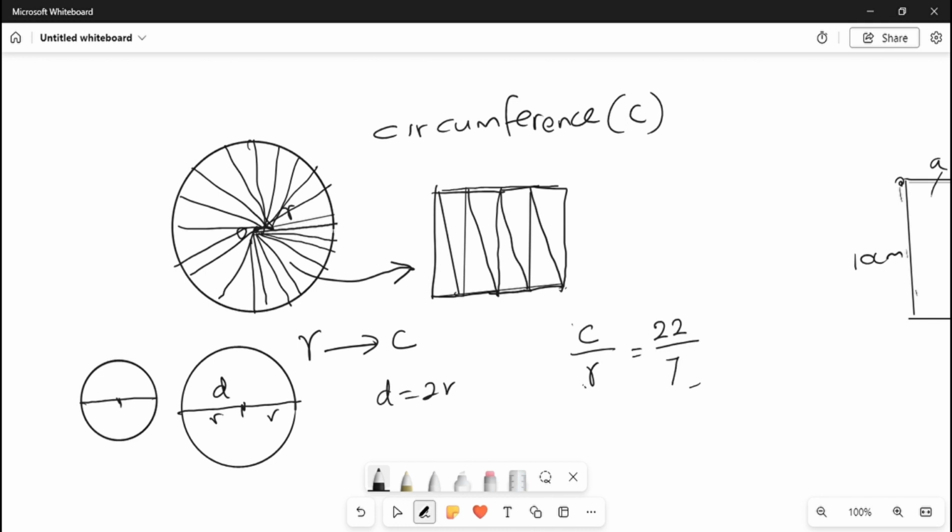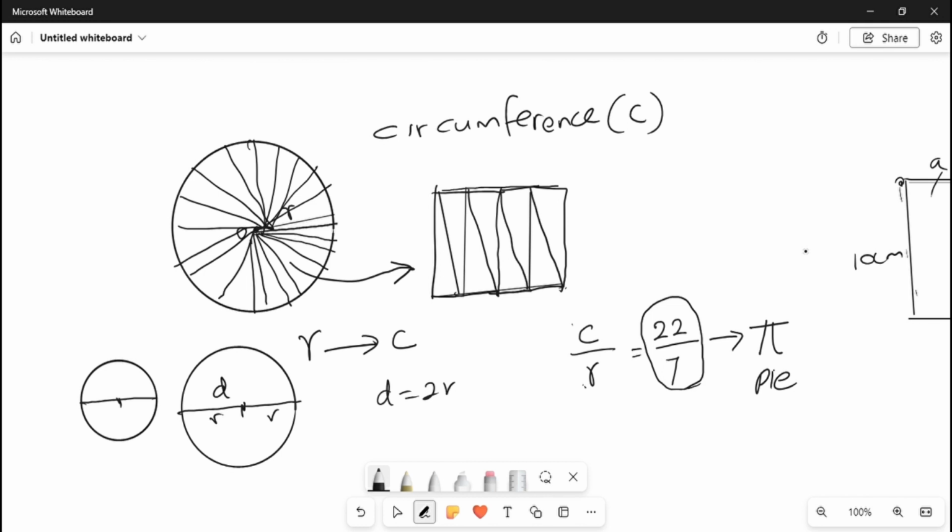So they found this is a constant number. Whatever circle, circumference divided by its radius, the final answer was 22 upon 7. This is called pi, a Greek letter pi. So 22 over 7 we call it pi.